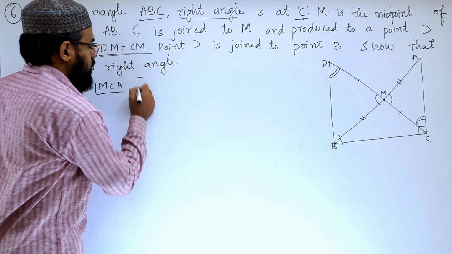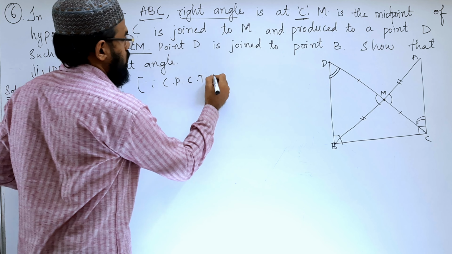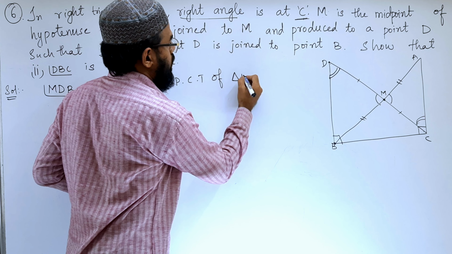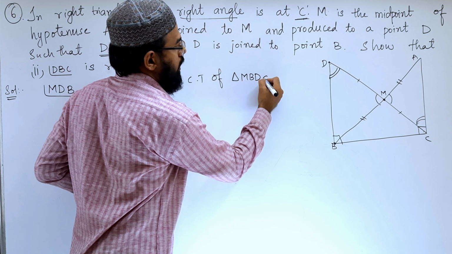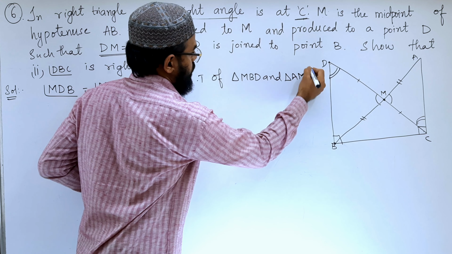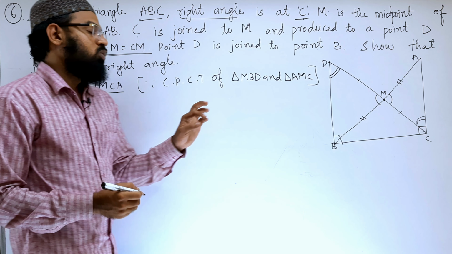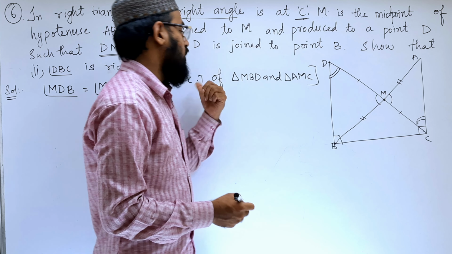So we can write, since CPCT of triangle MBD and triangle AMC, these two angles are equal.